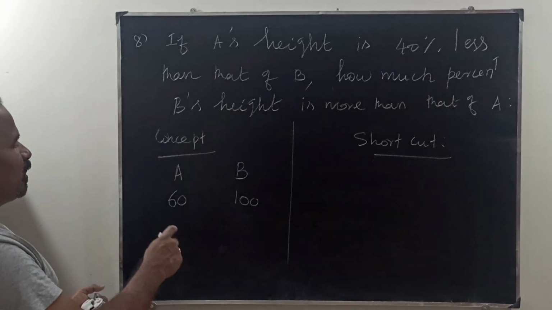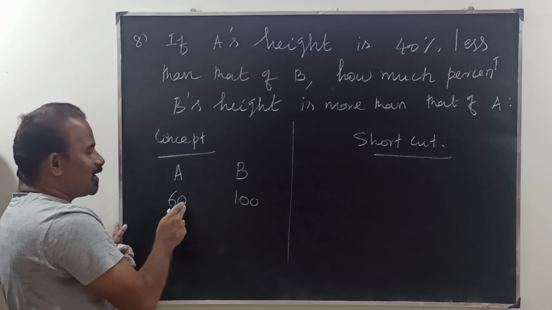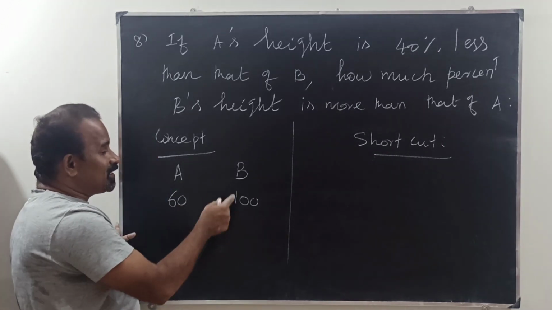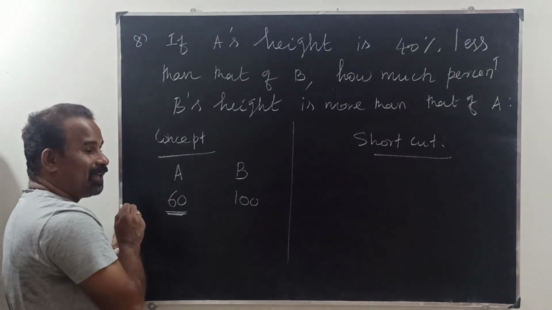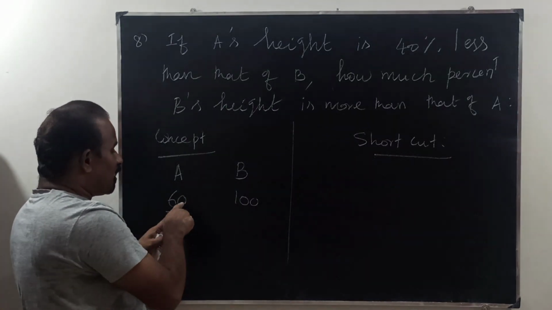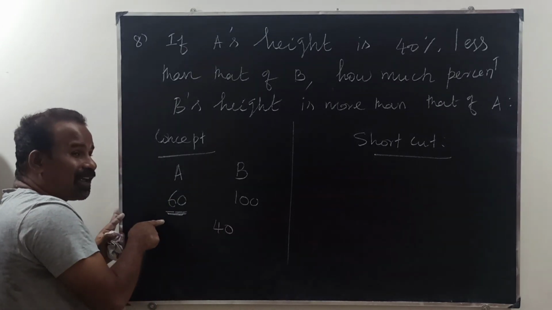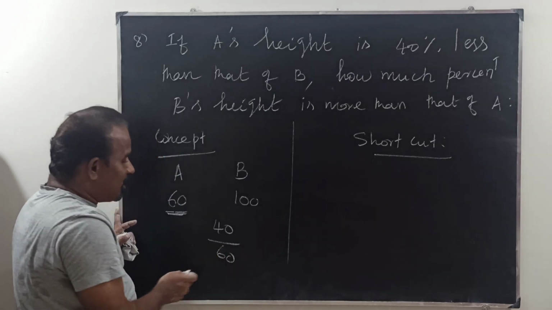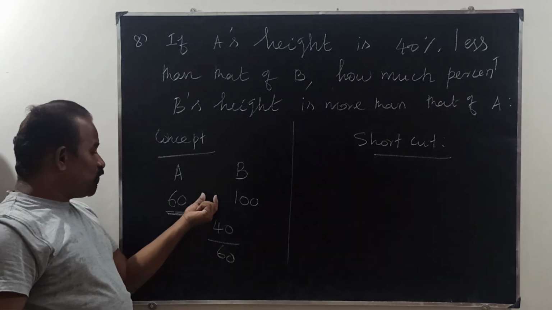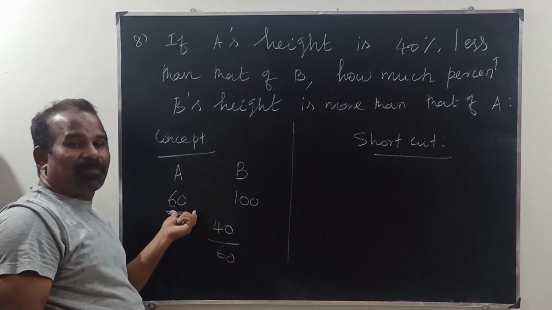How much percentage B's height is more than that of A? So therefore, how much is more? 40 is more from where? 60. So therefore, the base is 60. So 40 over 60 is more. Understood?